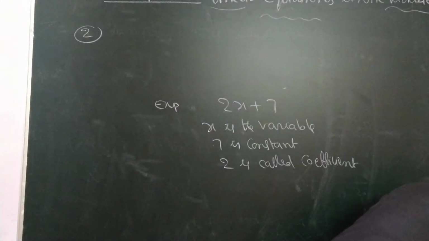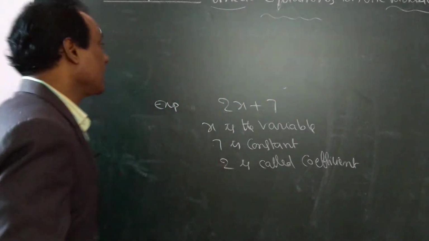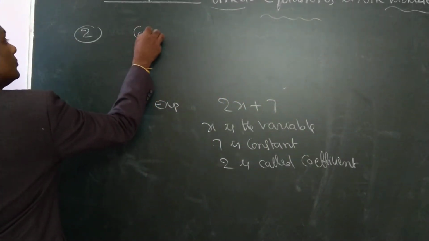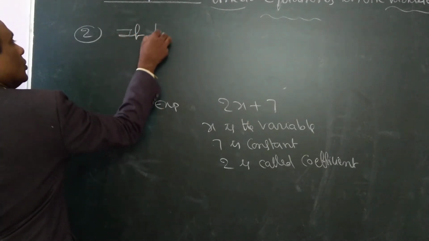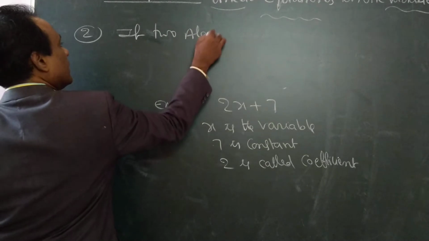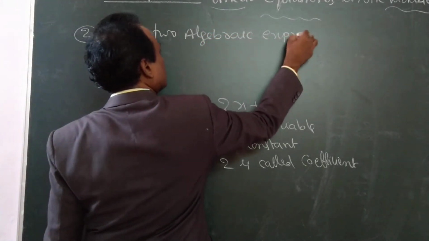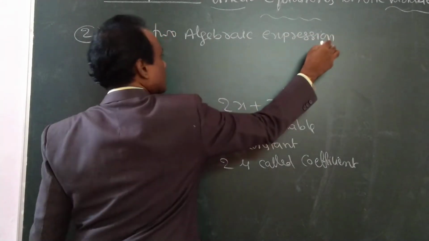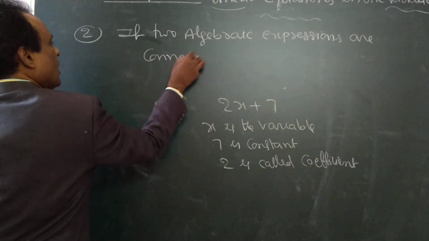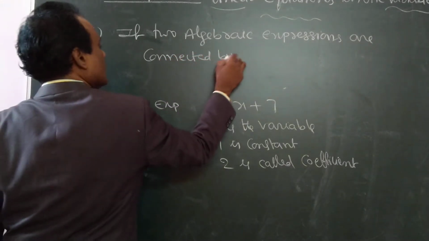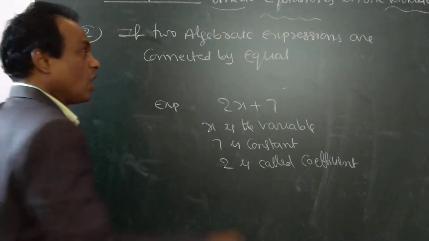If two algebraic expressions are connected by equality, then it is called an equation.